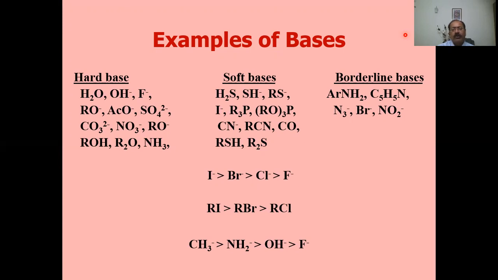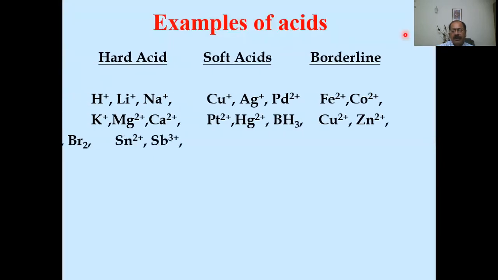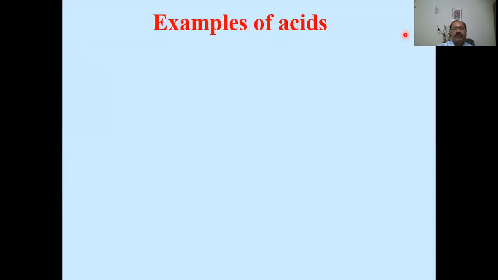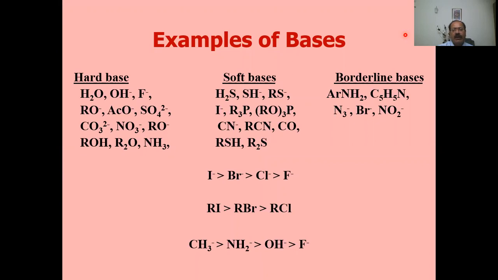So, because the electronegativity of chlorine is higher, the partial positive charge on R in RCl will be larger than in RI. In other words, R plus in RCl will be harder than R plus in RI.